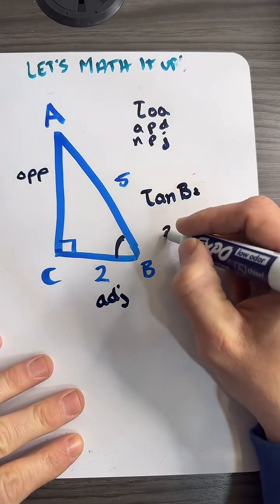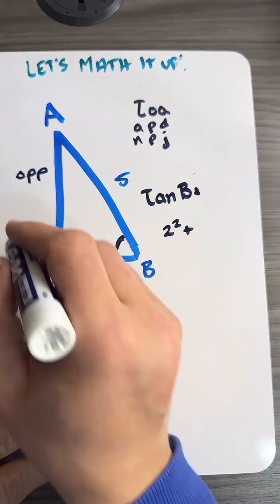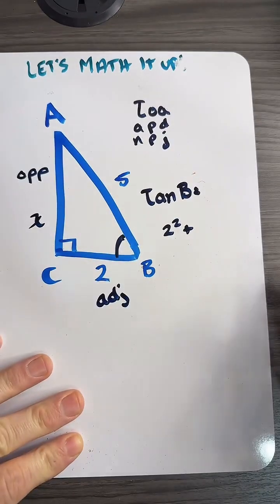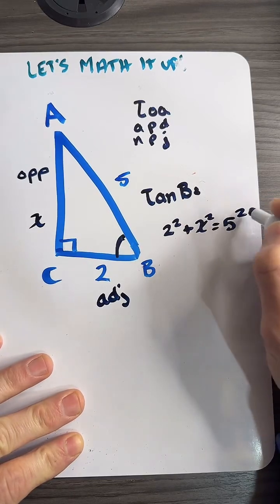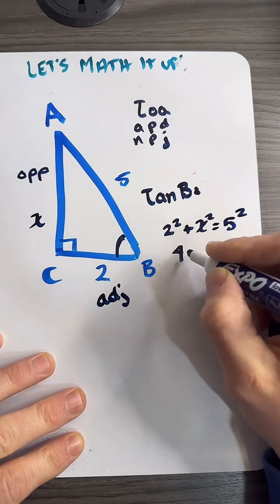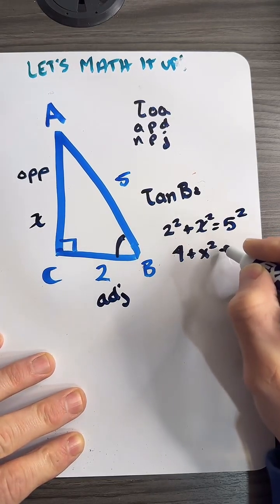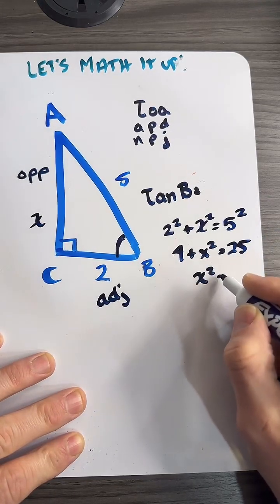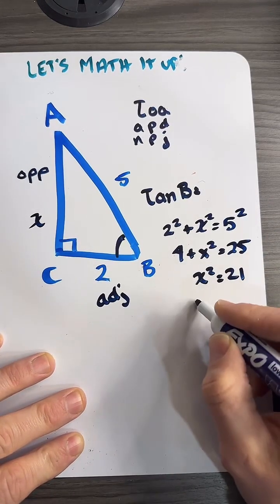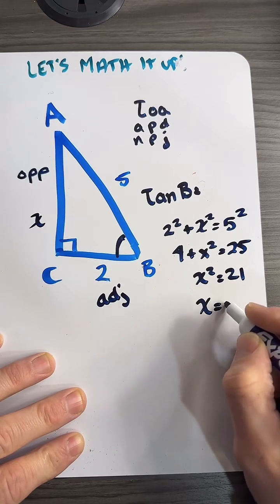So I have 2 squared plus, let's call this x, 2 squared plus x squared equals 5 squared. That gives me 4 plus x squared equals 25. So x squared equals 21. So x equals the square root of 21.